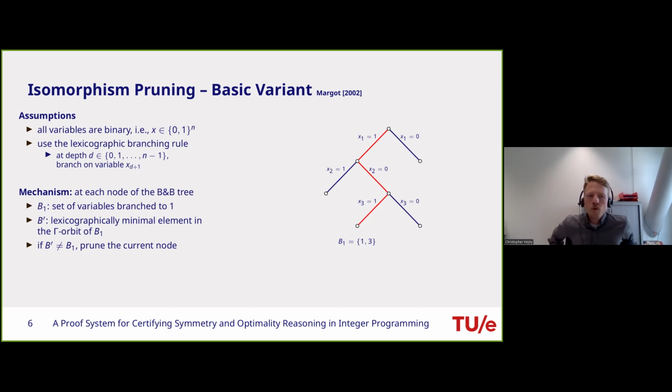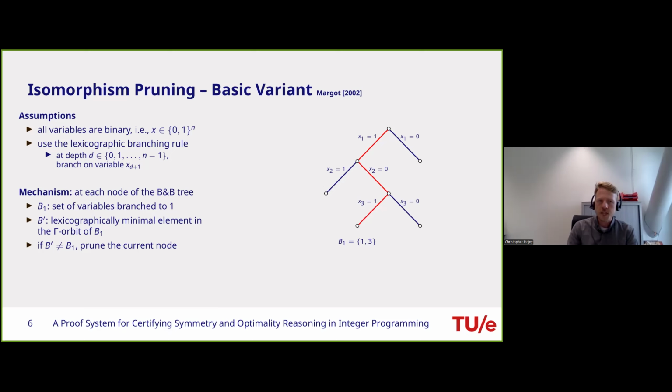And Margot proposed that we can prune a node of the branch and bound tree if the set of branching decisions B1 is not lexicographically minimal in its gamma orbit with respect to this group gamma. So if there was a permutation such that 1, 3 is, for instance, mapped to 1, 2, then I would prune this node of the branch and bound tree. The idea is that I find lexicographically better solutions in a symmetric branch.